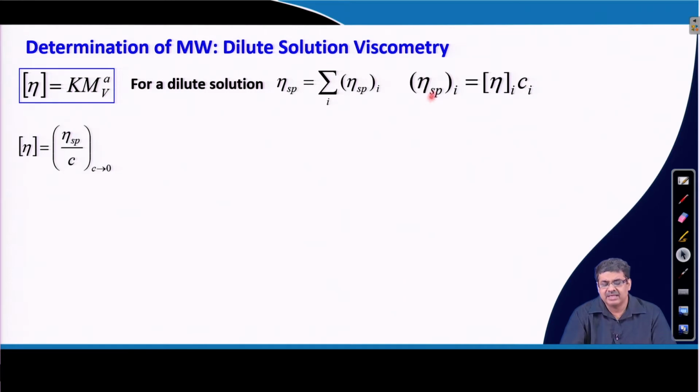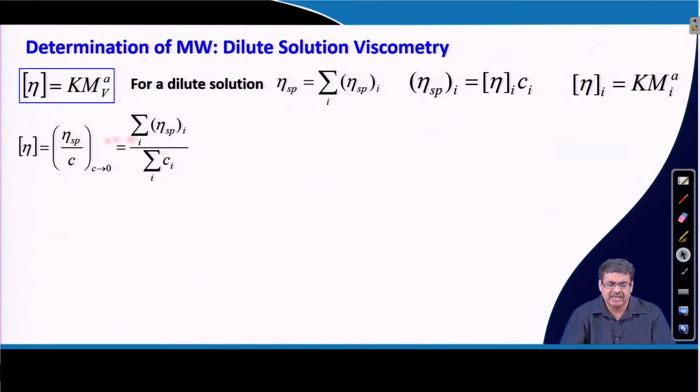We can then write that for an individual polymer chain i, the specific viscosity is the intrinsic viscosity for that chain multiplied by concentration. And we can also write that the intrinsic viscosity of a particular chain is given by this expression, where we use the molecular weight of that particular chain.